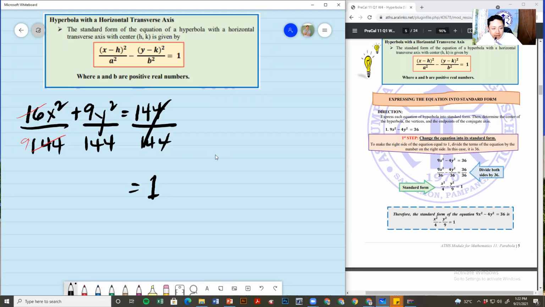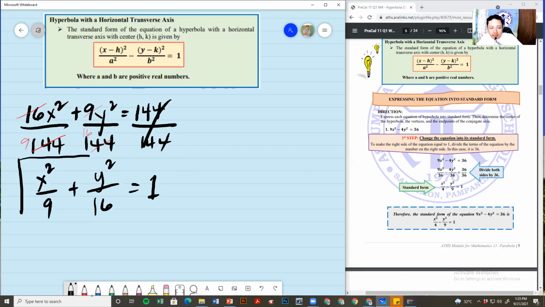So we will have here x squared over 9. Got it? Tama? Next, plus. What's next? Okay, we have here y squared over, when you divide this, that becomes 16. So we have here 16.